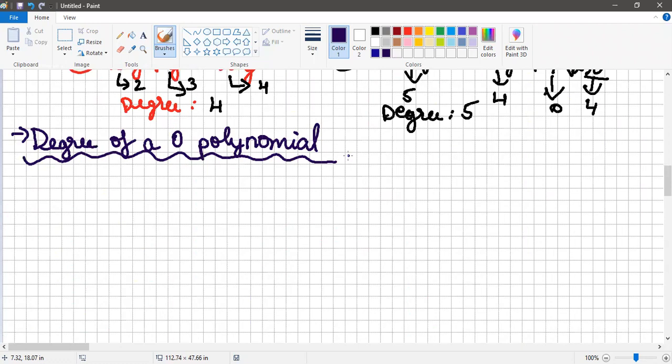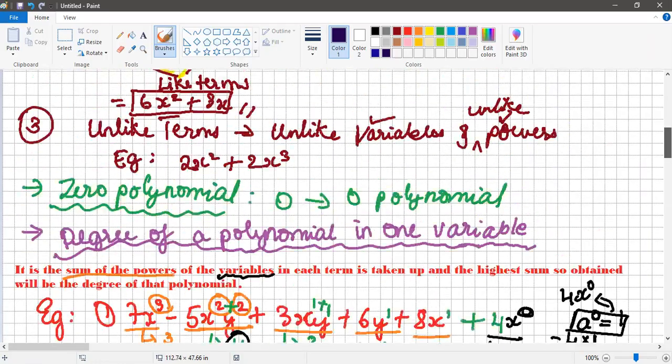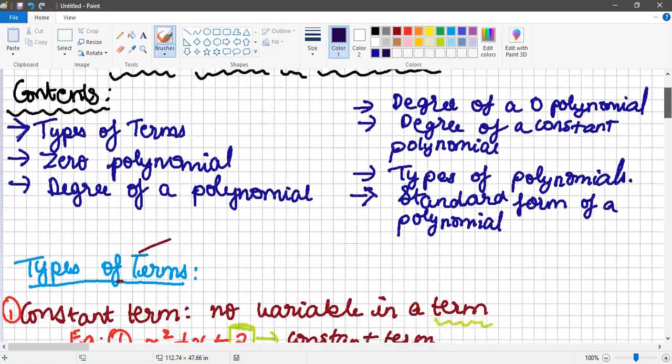We say that in such cases, the degree of a zero polynomial is not defined. You heard me right. Yes, it is not defined. I took this concept separately because it's a very important one.